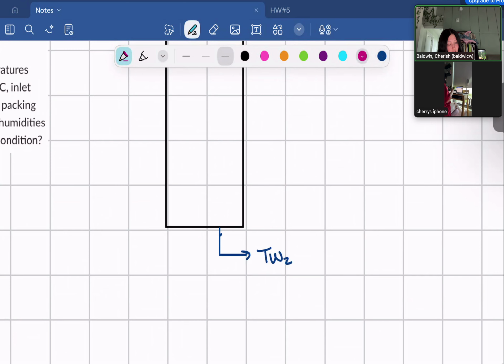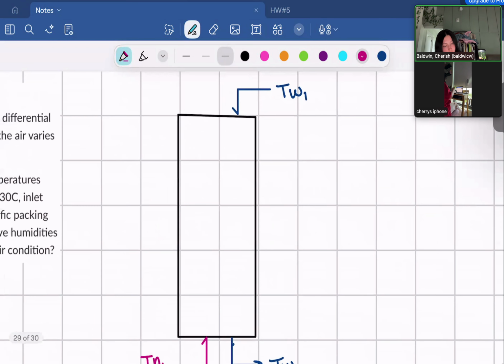And then it has air flowing in through the bottom and air flowing out of it through the top, because there's a fan cooling the air going upwards.